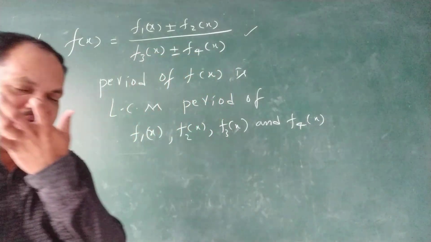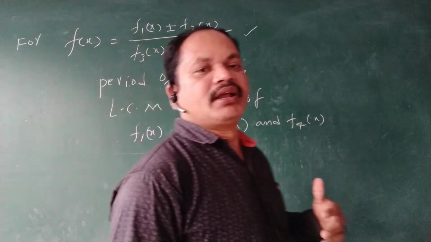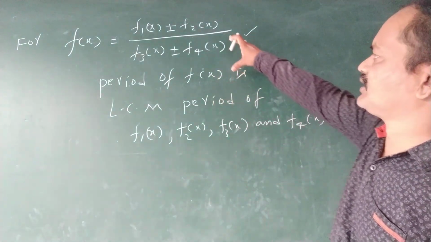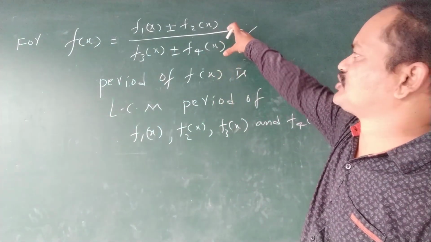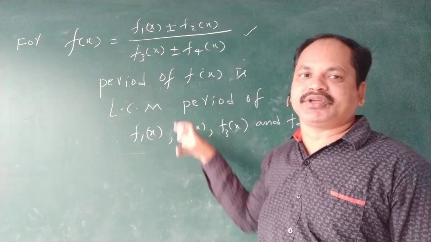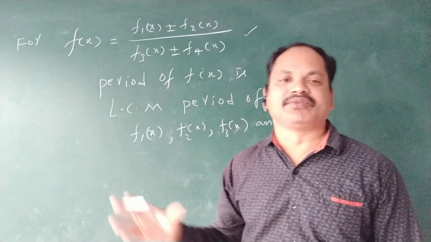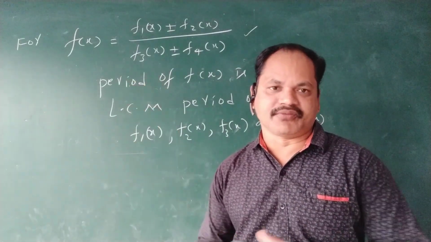That means we have to identify the period of the individual functions involved in this ratio. So the LCM of the periods of all these functions is called the period of the required function f of x.